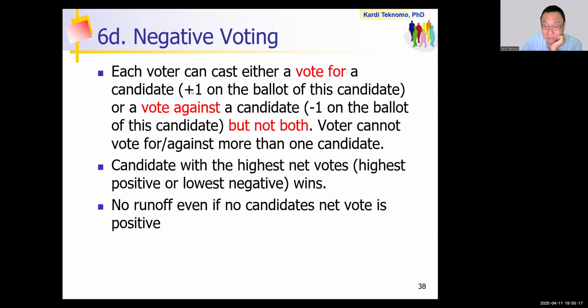Instead of 0 and 1, you can have 1 and -1, either vote for or against. So the voter cannot vote for and against more than one candidate. Then the candidate with the highest net vote wins.